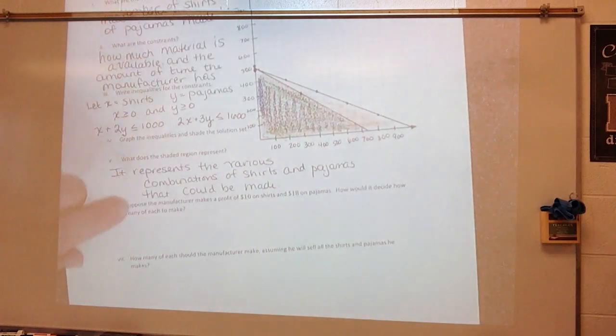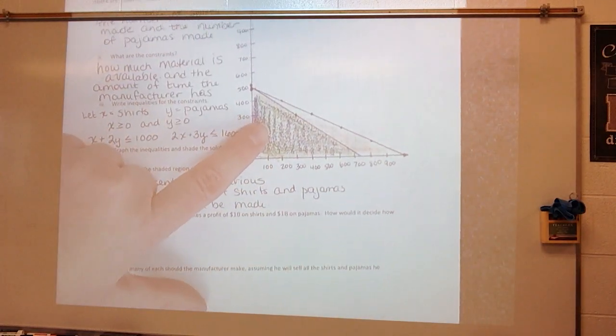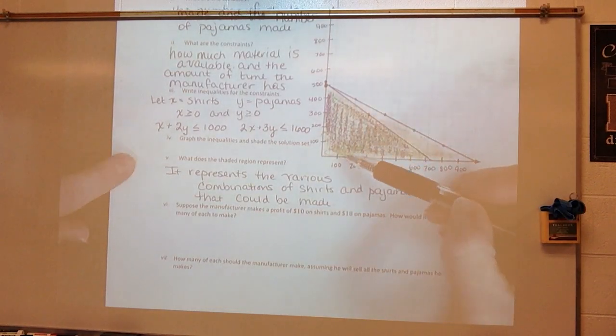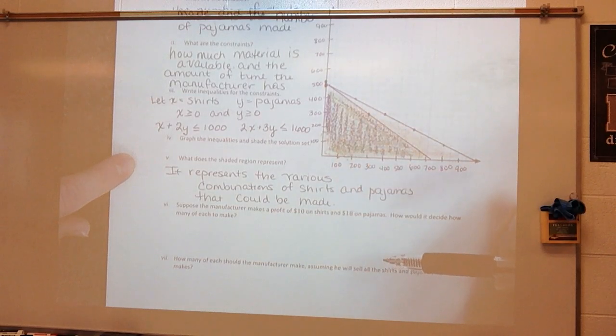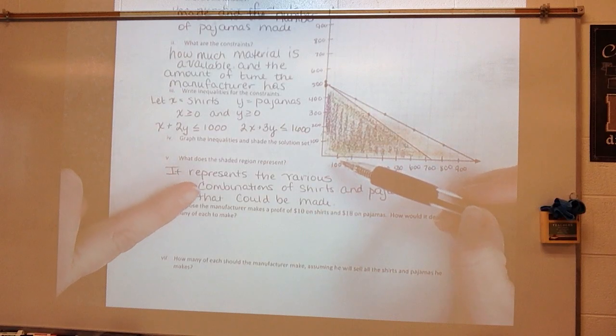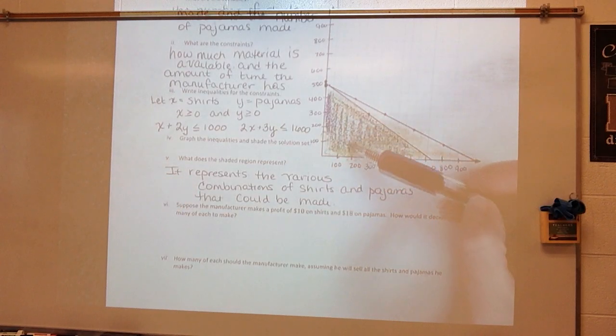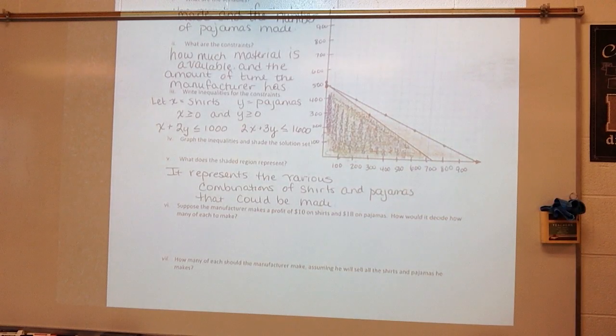Okay? So everything here in this area is the combination of shirts and pajamas that can be made. So I could make 100 shirts and 100 pajamas. I could make 200 shirts and 300 pajamas, as long as it is within that area.